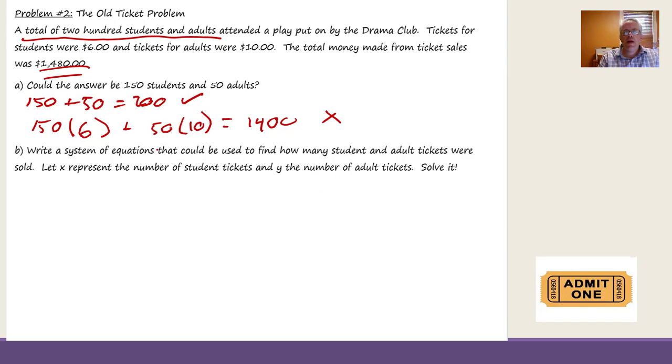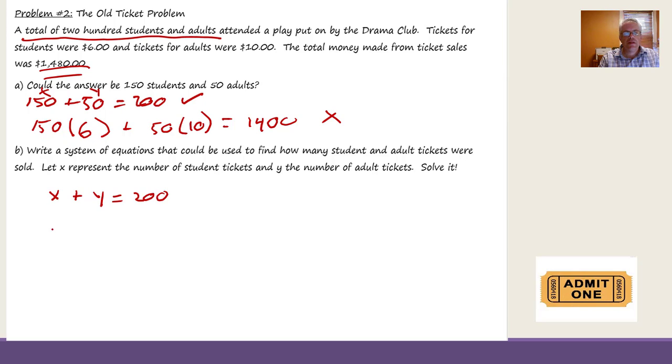But I see the math already. I'm going to let X be the number of student tickets and Y be the number of adult tickets, and we get X plus Y equals 200. This quantity is X, this quantity is Y. When I move to the second equation, I see 150 times 6.